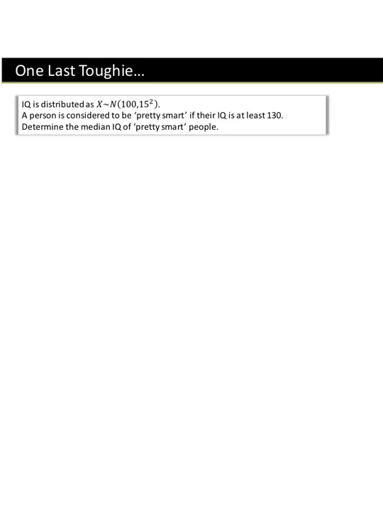So if we've got IQs above 130, we want to know what the median IQ of those people is. So we're going to say, okay, let A be the median IQ of pretty smart people.